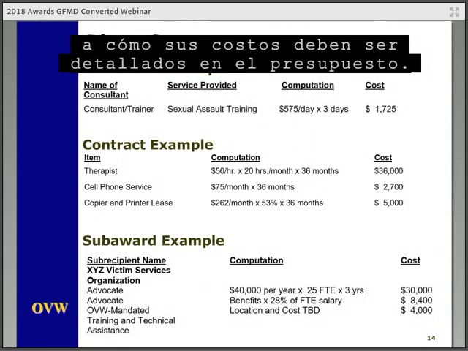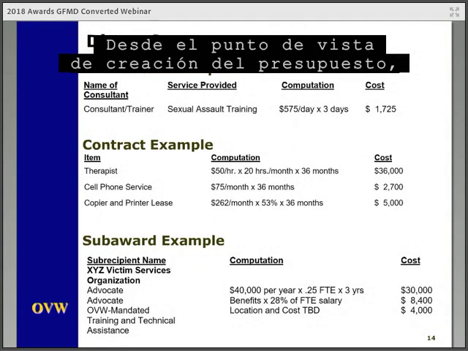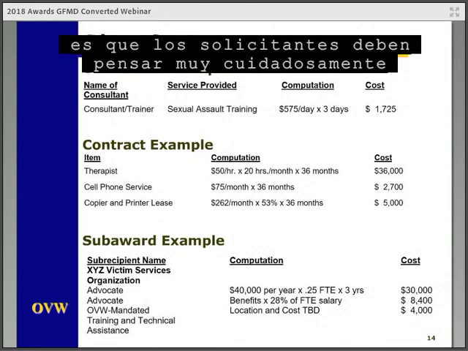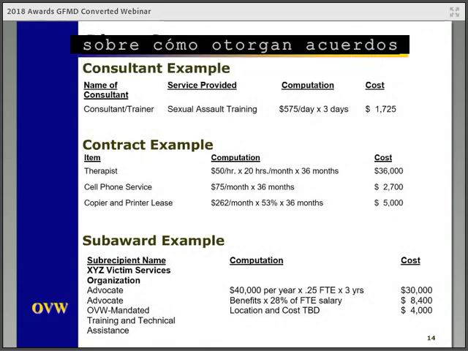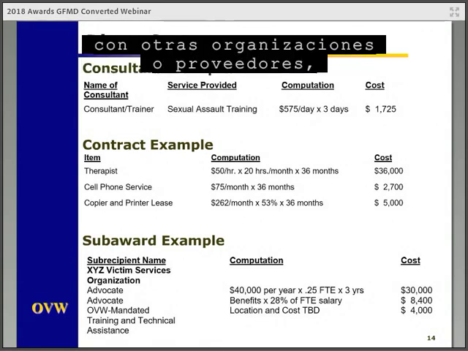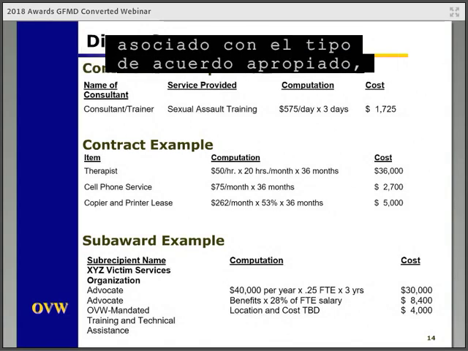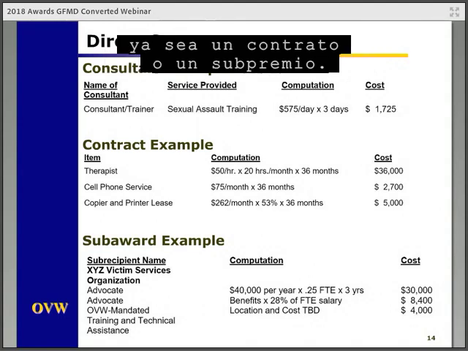From a budget creation perspective, the main takeaway with these examples is that applicants need to think carefully and thoughtfully how they issue agreements with other organizations or vendors, and that the budget reflects the breakdown associated with the appropriate agreement type, whether it's a contract or subaward.